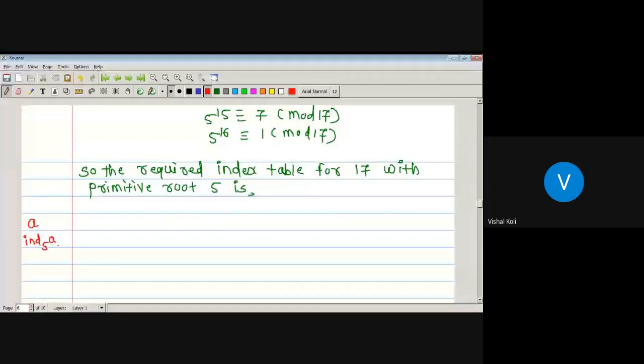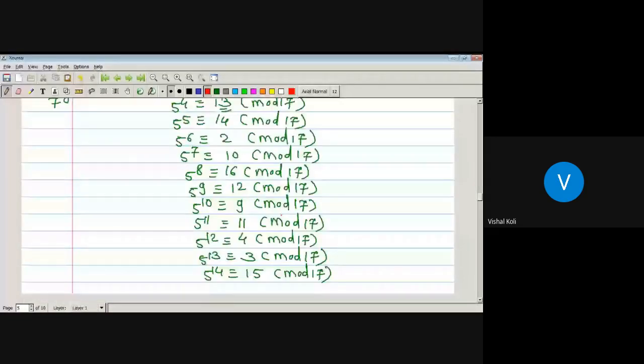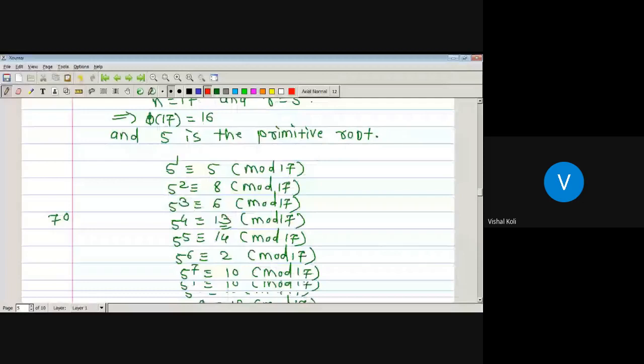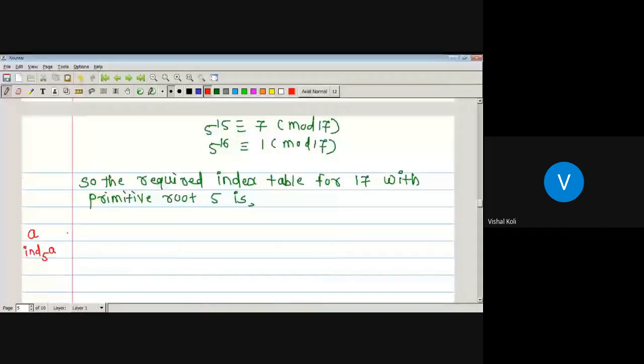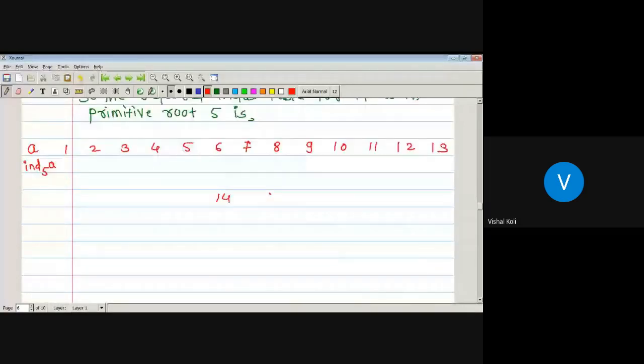So here, what are the possible values? 1, 2, 3, 4, 5 and so on up to 16 are the possible values of a.